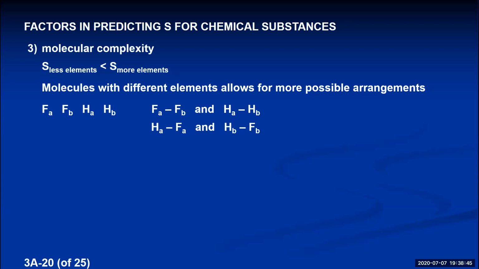You can make hydrogen A and fluorine A bond, and then hydrogen B and fluorine B bond. That's one arrangement. Or you could have hydrogen A and fluorine B bond, hydrogen B and fluorine A bond, two different arrangements. So the fact that molecules have more elements in them always allows for more possible arrangements. That means their entropies are going to be higher.